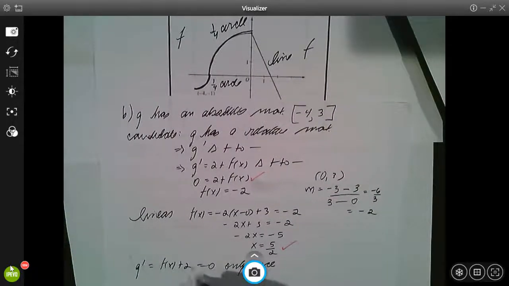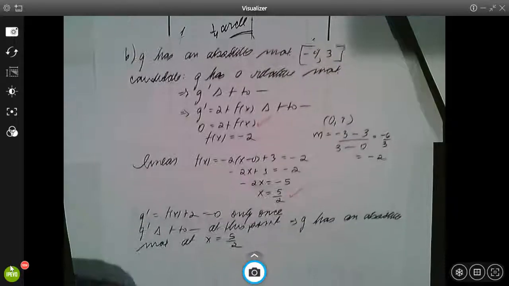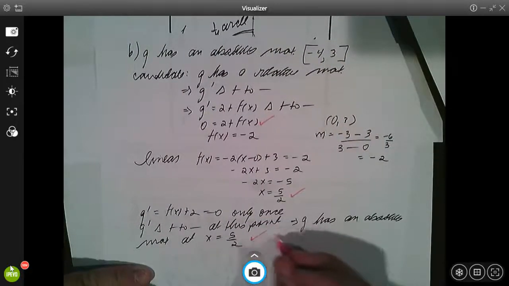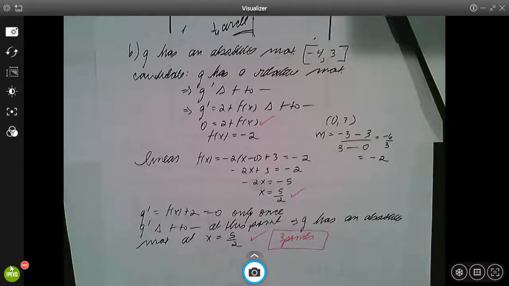After, it's going to be negative. So g prime is equal to 0 only once. G prime changes positive to negative at this point, which implies g has an absolute maximum at x equals 5 over 2. Sorry, that was written in a place you probably couldn't see it. That would be worth 3 points.